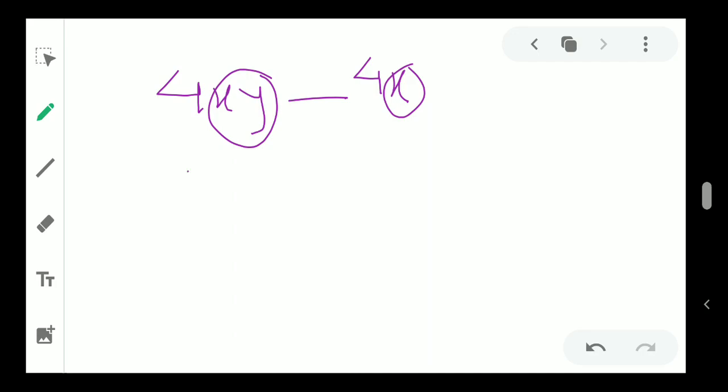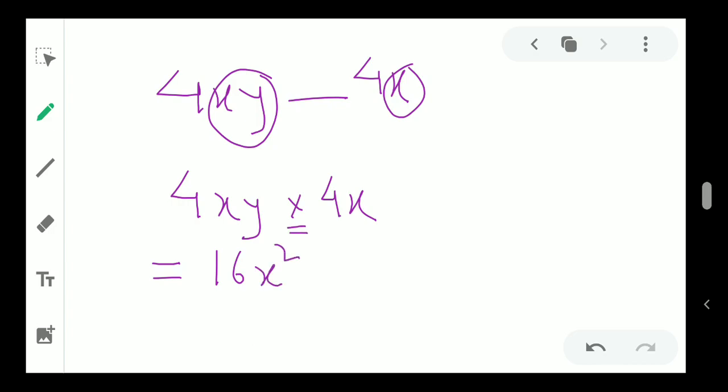But if somewhere you see xy into 4x, you can multiply them. 4 times 4 is 16, you have x multiplied by x, so it is x square, and y is also being multiplied. But in the case of plus or minus, we cannot do it because they are different variables, different terms itself.